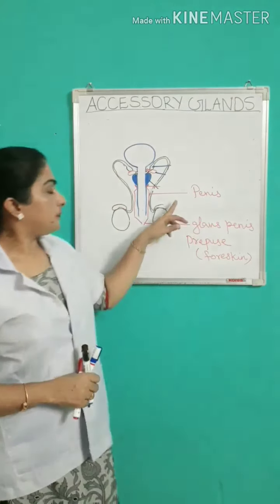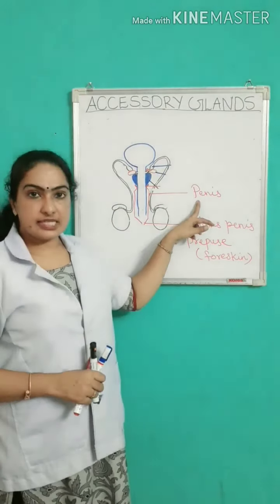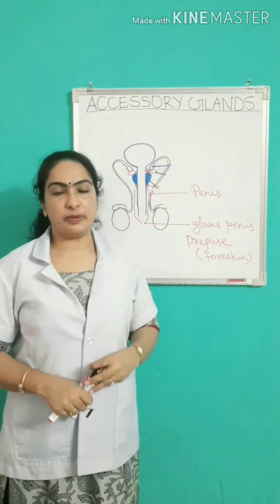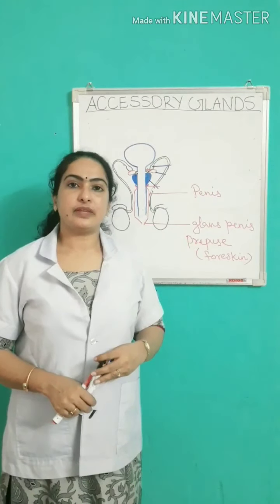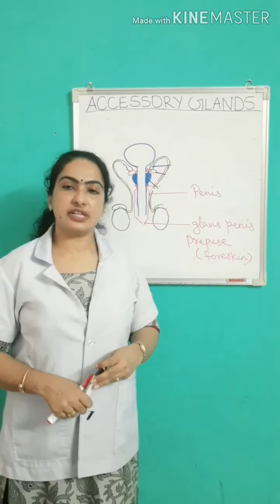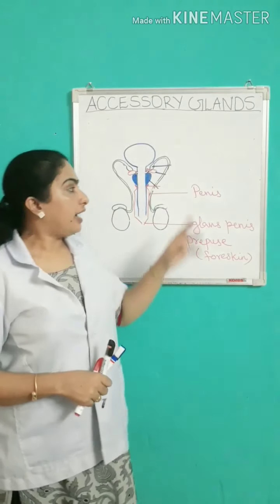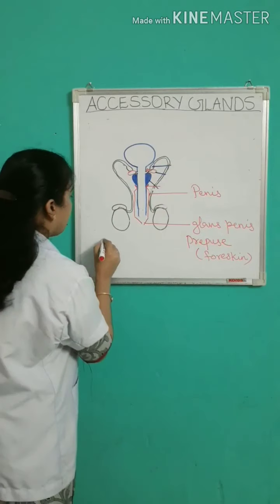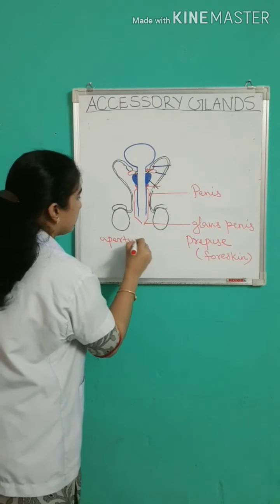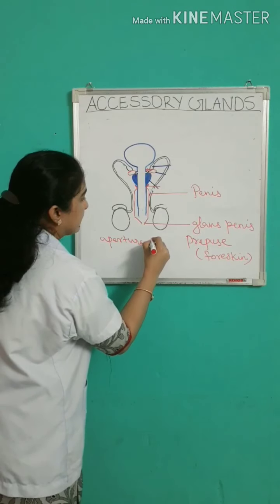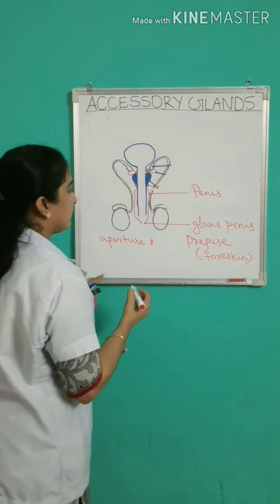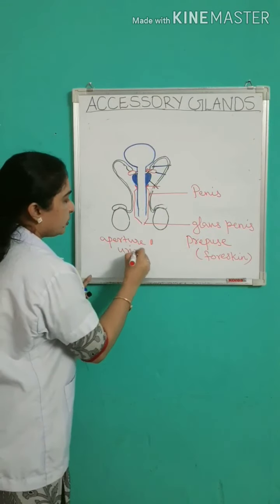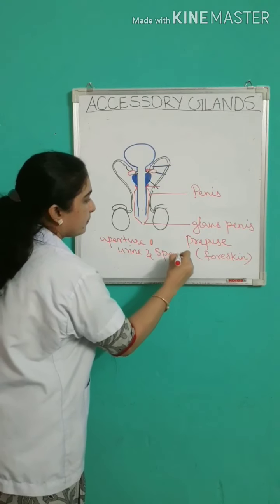Next we can see the penis is the organ which helps to deposit the sperm into the female vagina or female reproductive tract. And there is an opening at the glans penis region which is an aperture. This is an aperture and it is just like a slit. So it is slit-like, and this aperture acts as a common passage of both urine and sperm.